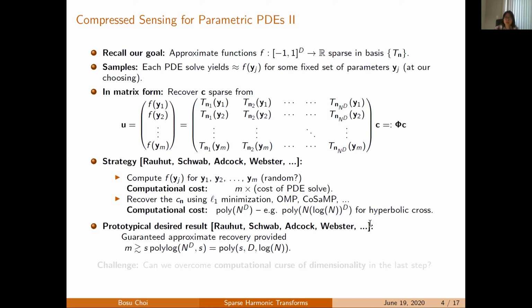Even if we consider some structured sparsity, such as hyperbolic cross, the runtime becomes n times polylog n to the d, but we still have exponential dependence on the dimension. So our goal is to overcome this computational curse of dimensionality.